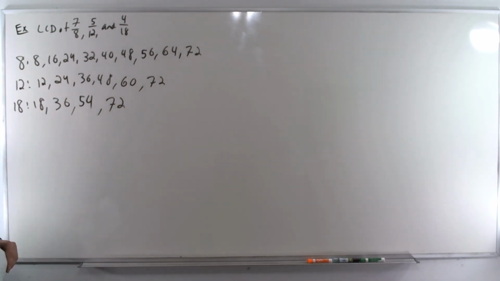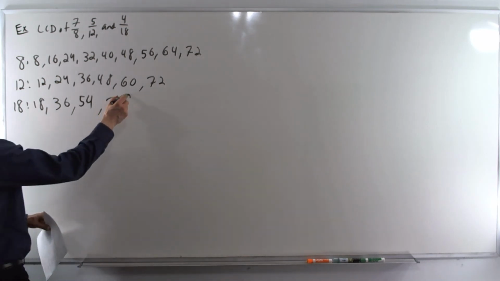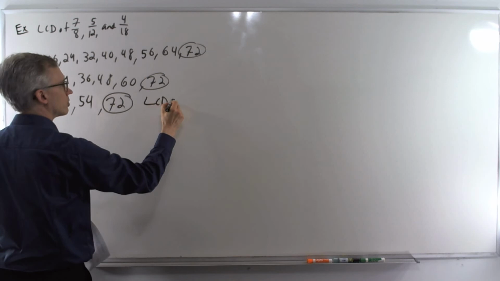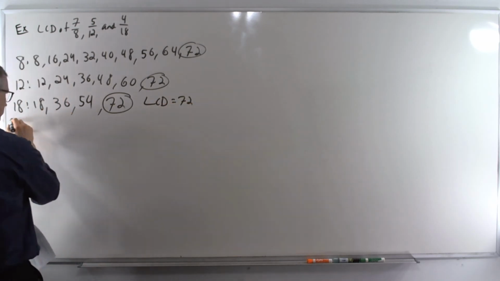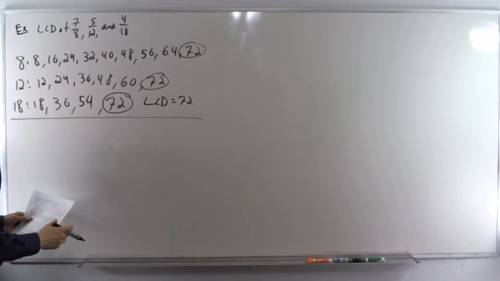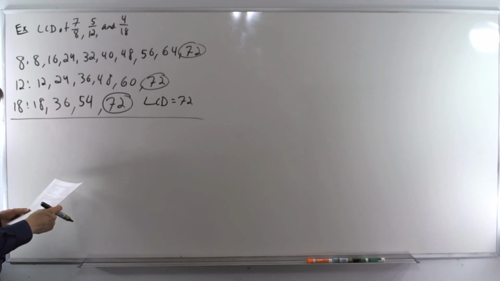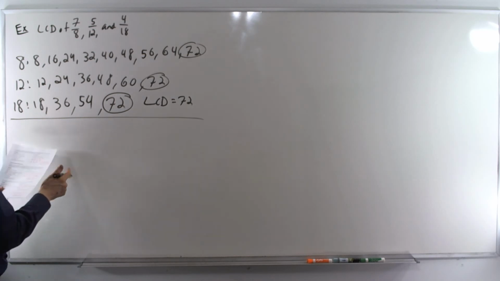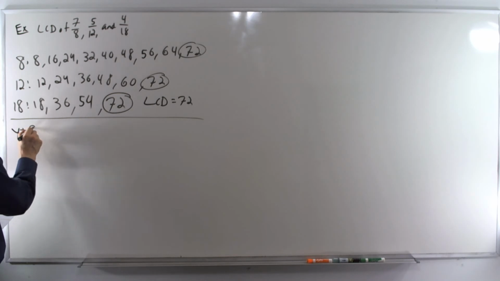So right now, a list of multiples. First match is at 72. That brings us to your turn, number 8.